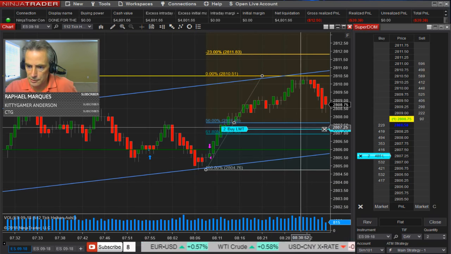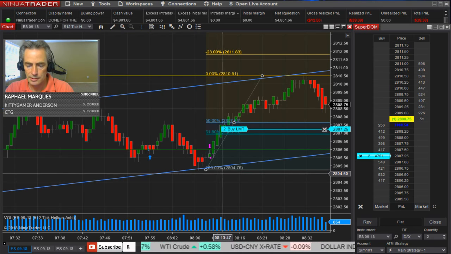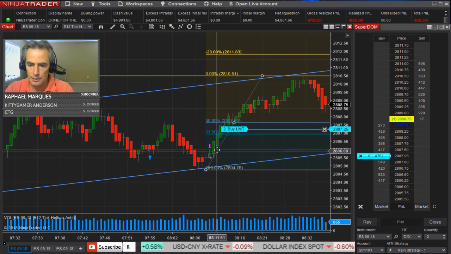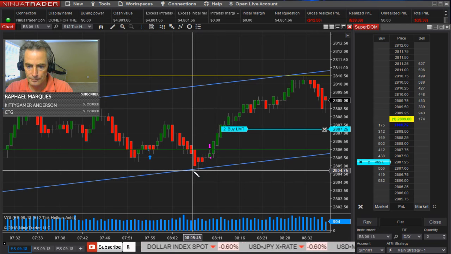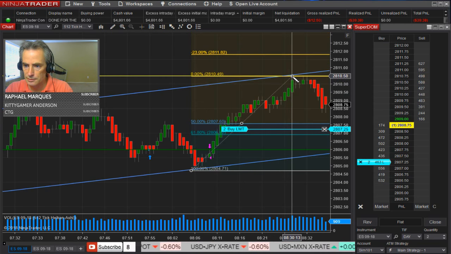So basically, to get this retracement area, we're just hitting F8 on our keyboard, drawing up our Fibonacci retracements, drawing up to the high.